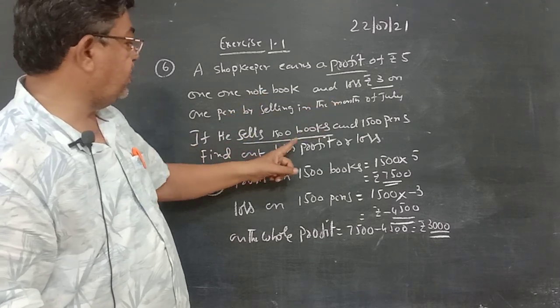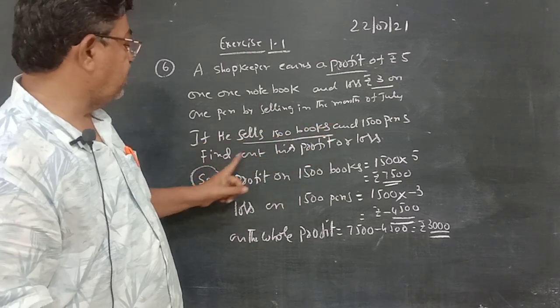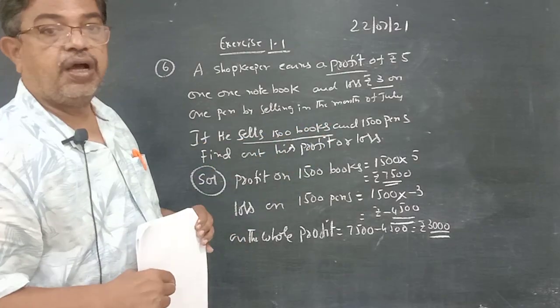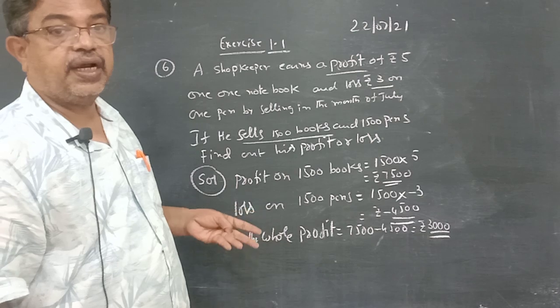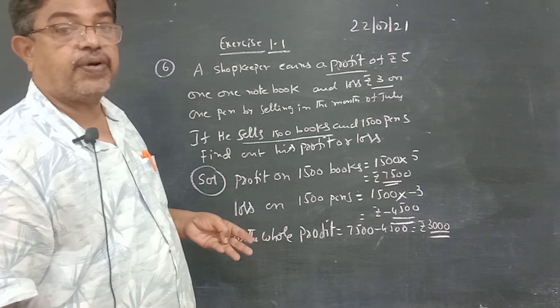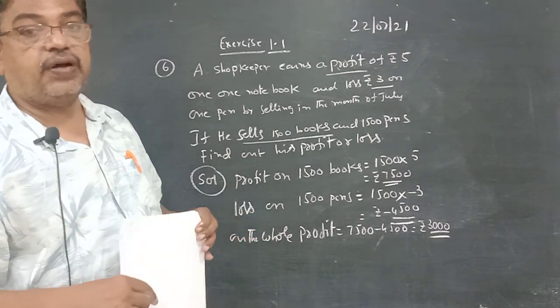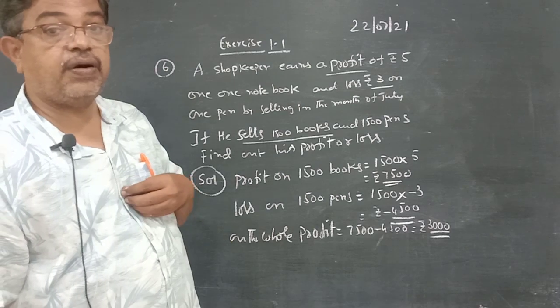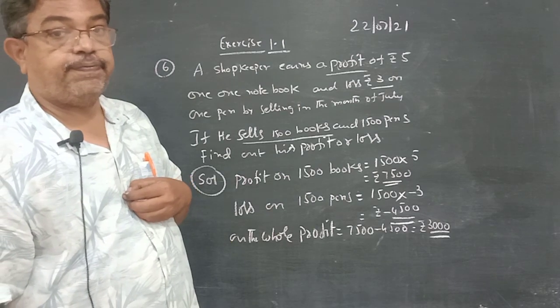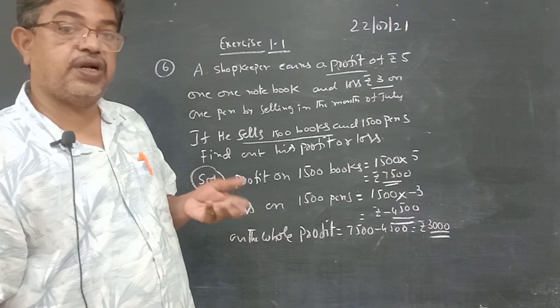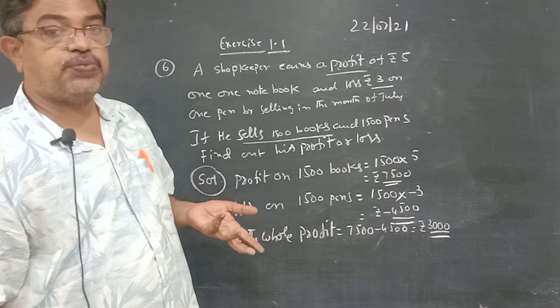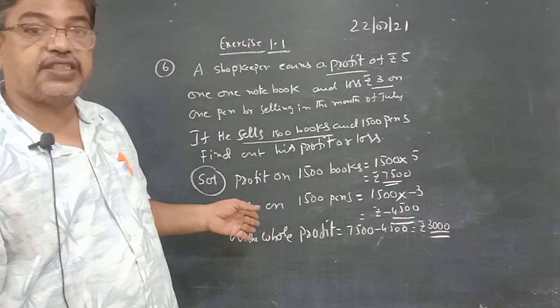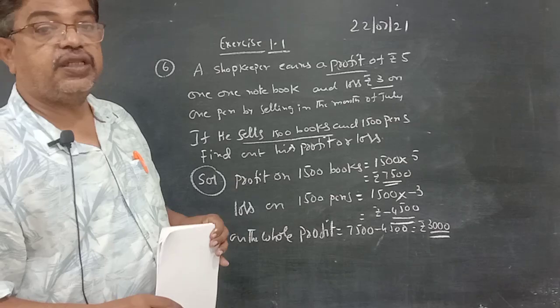He sells 1,500 books and 1,500 pens. Find out his profit or loss. On the whole, you can clearly understand the shopkeeper gets profit, because the profit on each notebook is more than the loss on each pen, and the number of pens and number of books sold are the same. As the profit is more, on the whole, the shopkeeper gets a profit of rupees 3,000.